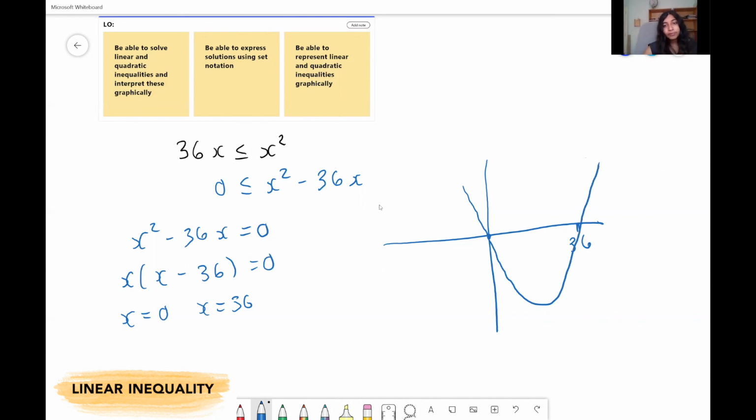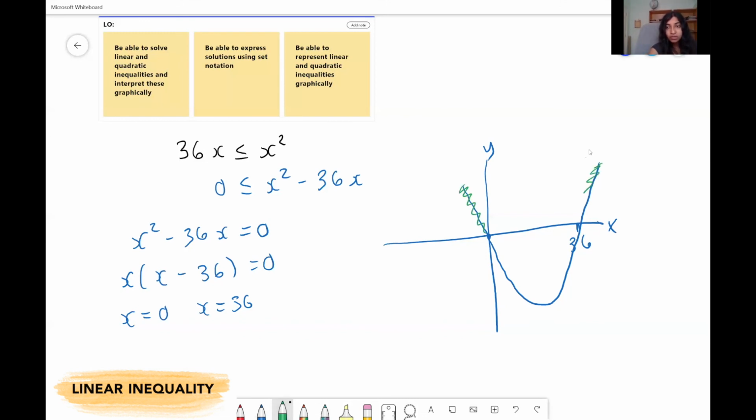And then you want to find the values of x which are more than or equal to 0. So which values of x have the graph above the x-axis? This is all the values that are here and here.